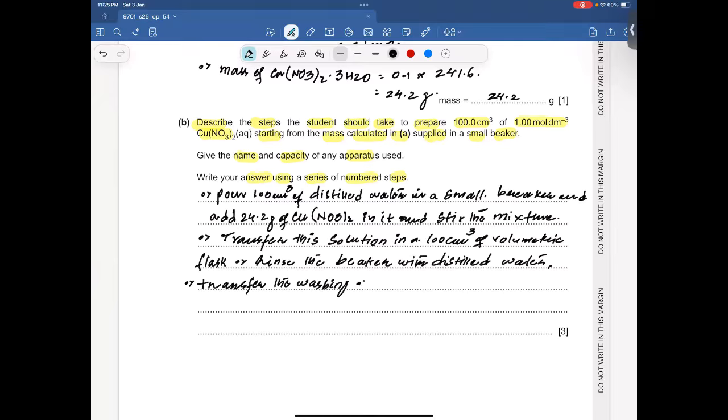Okay. Top up the solution with distilled water until the 100 cm³ mark is reached.